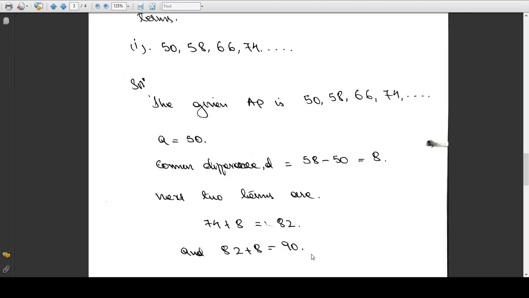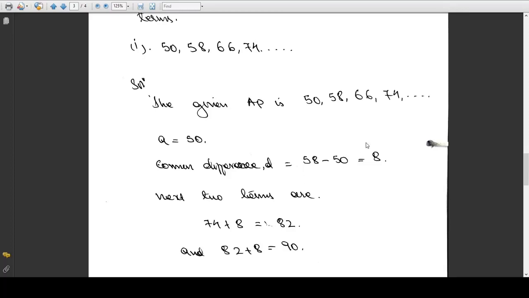Simple as that. Here you go on adding the common difference. Between the first, second, third, fourth, fifth terms, the starting terms, you can easily find by adding the common difference. But if the number of terms is higher, you cannot go on adding like that, because it will take more time.